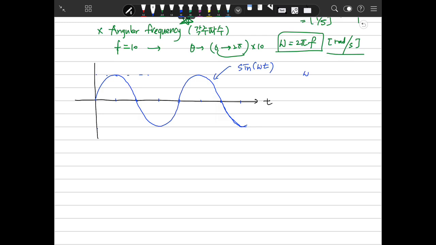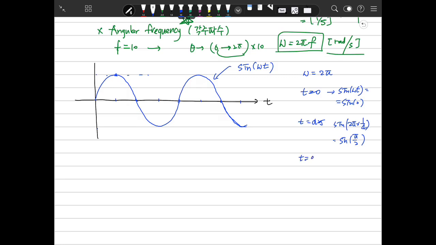For example, if omega is 2 pi, what is the meaning here? When t is 0, sine omega t is sine 0. When t is 0.25, sine 2 pi times 1/4 is sine pi over 2, which is here.